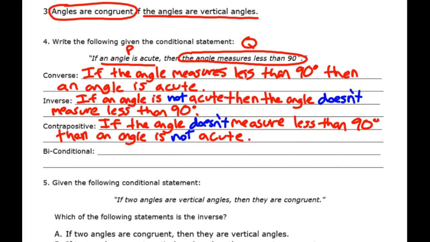Okay. So biconditional. The last thing you've got to know for biconditional is that it has to use the phrase if and only if. Okay? So what you do is you don't write the first if, you don't write the then, you're just going to write the hypothesis, if and only if, the conclusion. So I'm going to write it, starting with an angle is acute. No if. An angle is acute.